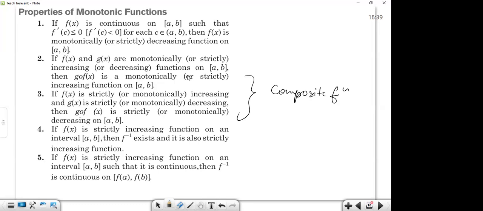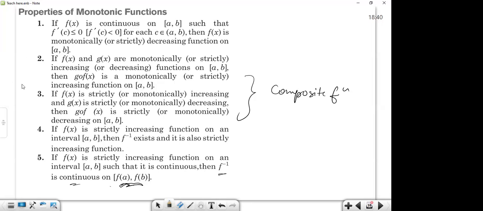So if a function is strictly increasing on a closed interval and it is continuous, then the inverse of the function will also be continuous on this domain, where we take f(a) and f(b) rather than a and b, because the range and domain interchange when we invert a function.